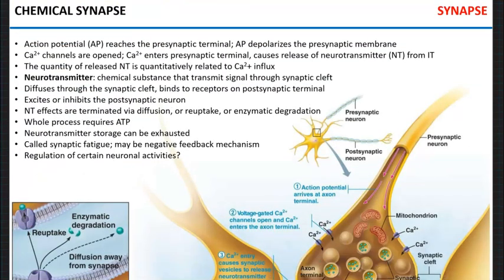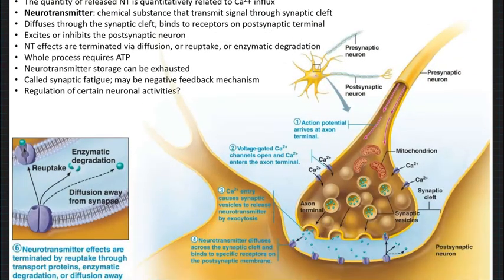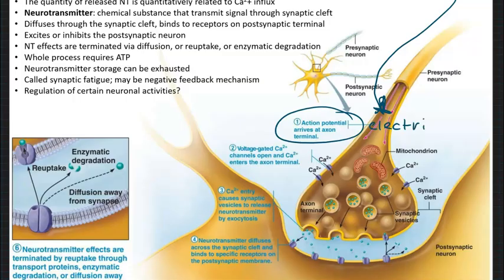So let's figure out what happens during synaptic transmission through the chemical synapse. These red lines represent an electrical signal. It's called an action potential. We're going to figure out what it is right now.